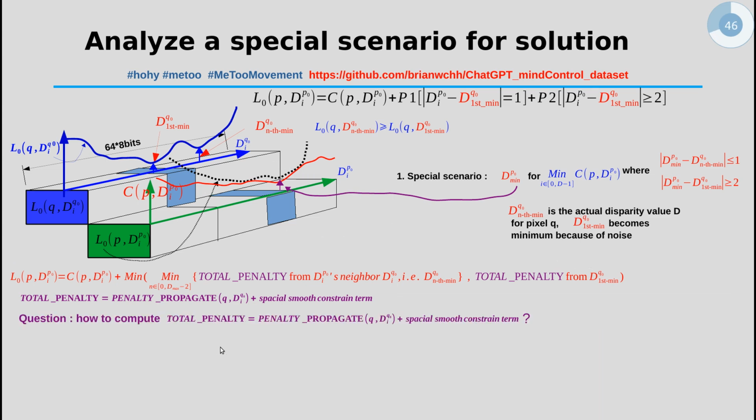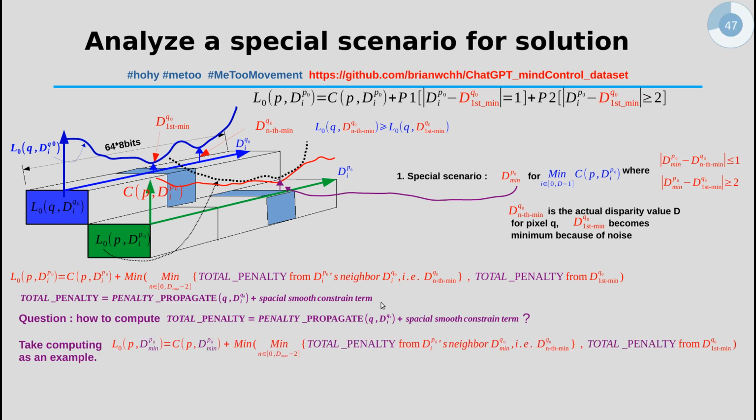Okay. So now the question is how to compute this total penalty. Remember this total penalty is the penalty propagated from this one, adding this smooth constraint. Now take computing this L0P as an example. I think this should be Q0.